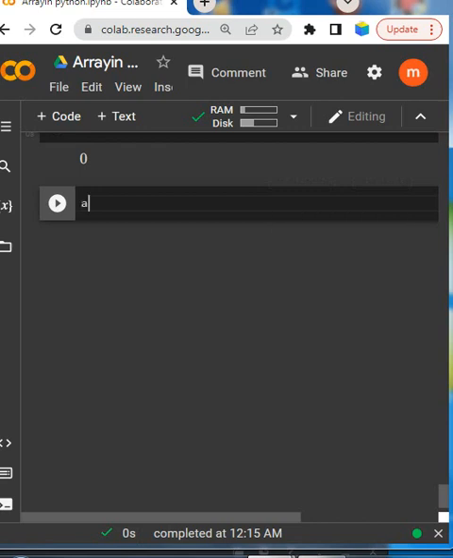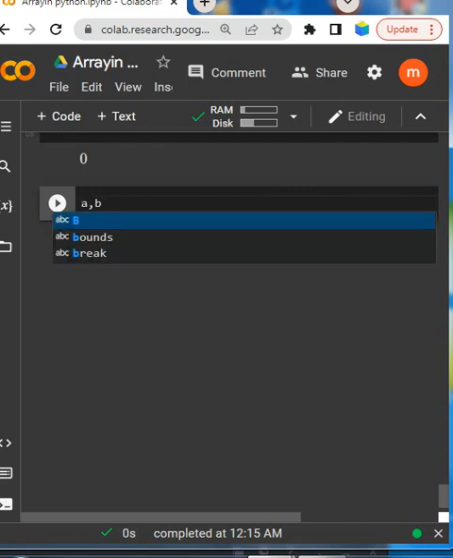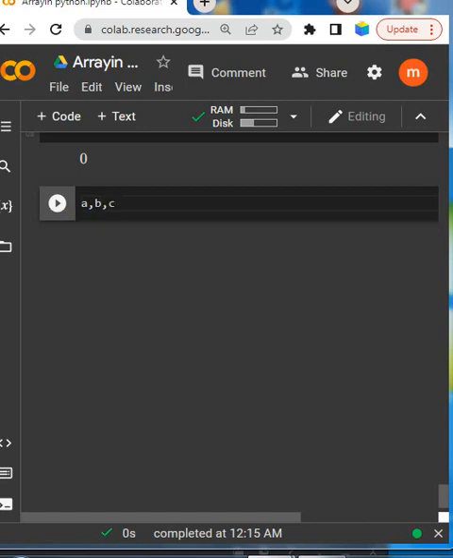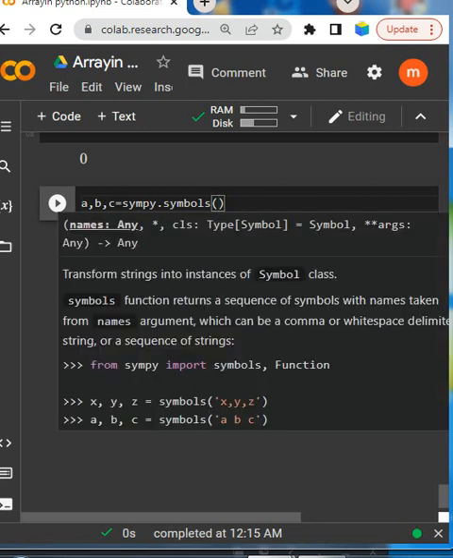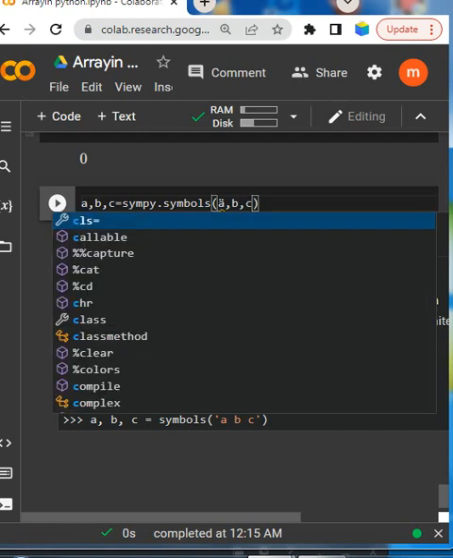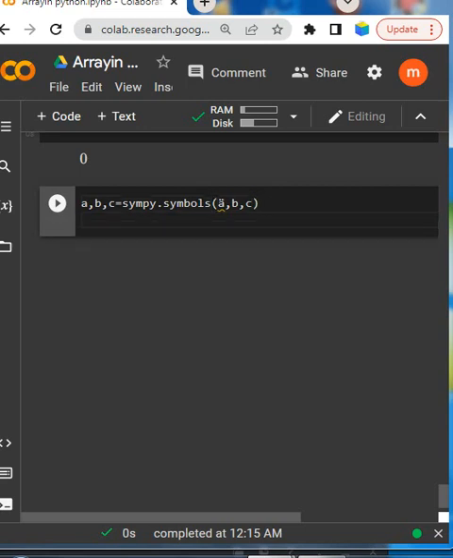We have 3 variables a, b, c, and this will equal sympy.symbols, and now a, b, c. And now I write sympy.solve.